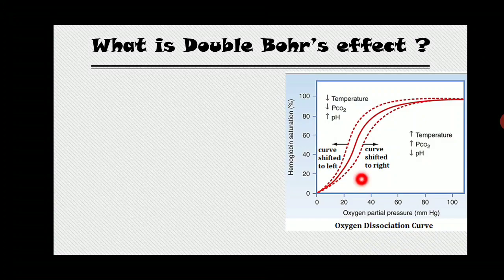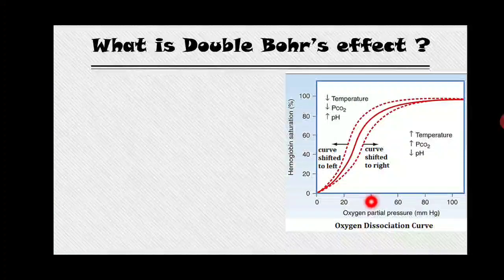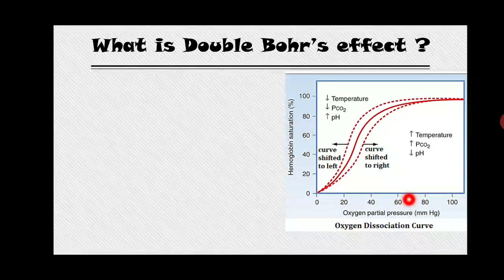On the x-axis the partial pressure of oxygen, PO2, is written, and on the y-axis hemoglobin saturation. 100% suggests that 100% of hemoglobin molecules will bind with oxygen, right? The line situated between the two dotted lines is the normal Hb dissociation curve.